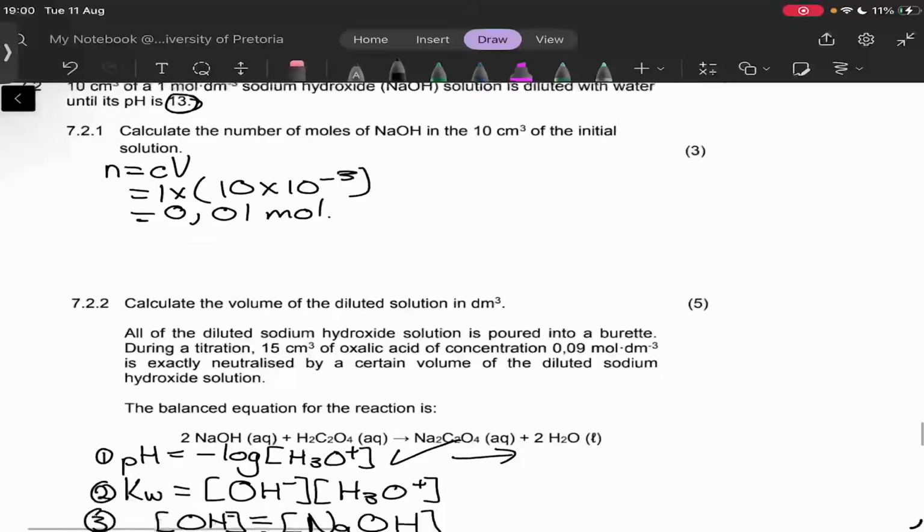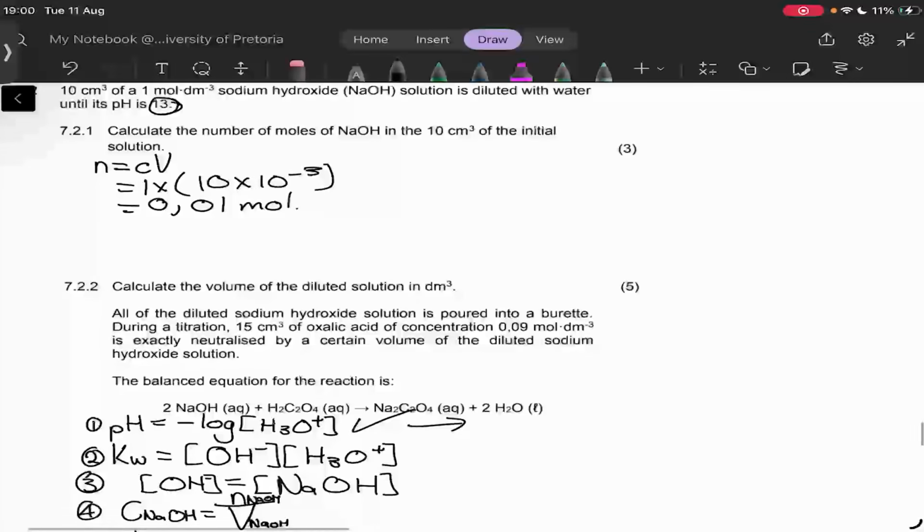Maybe let me zoom out a bit so everything can be in view. And now from there, I know that 13 is equal to minus log my concentration of H3O plus.